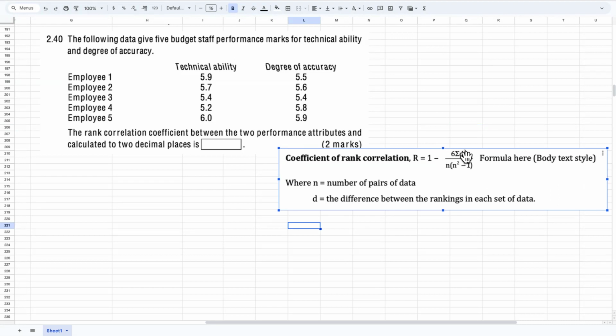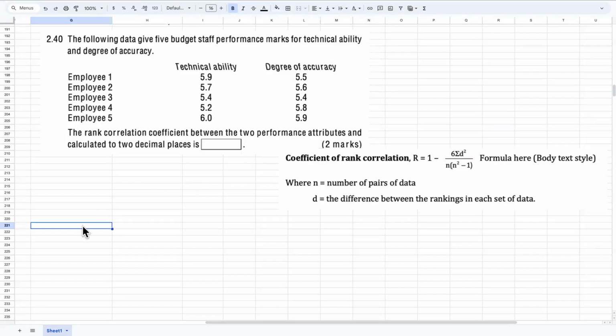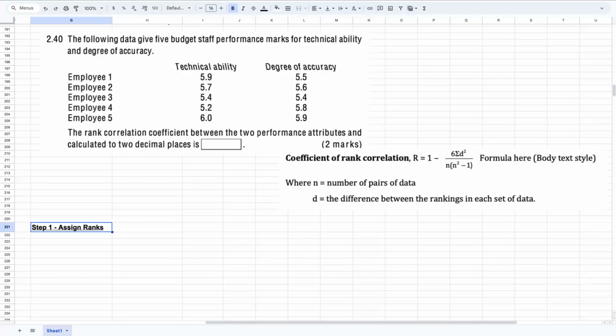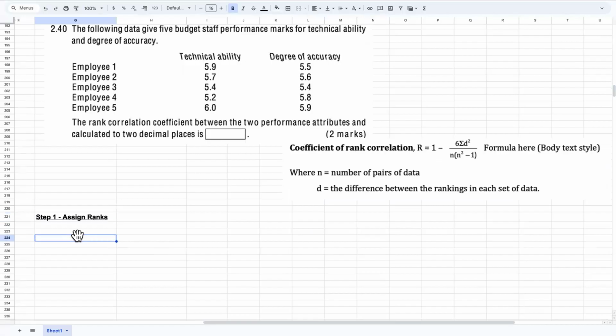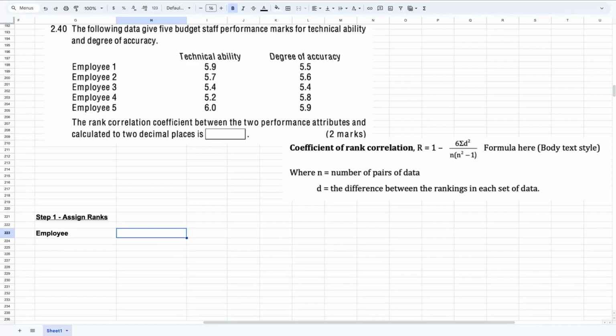So first we have to do ranking, right? The first step I'm going to explain to you, step one, is you have to assign ranks. That is your step one. So I'm going to use a table method. We will have employee names, their technical ability, tech ability, and their accuracy, right?